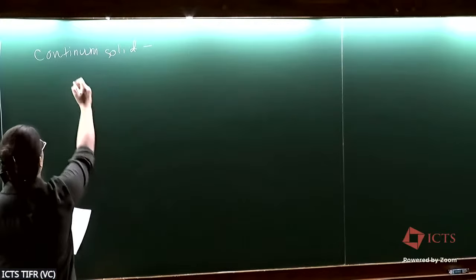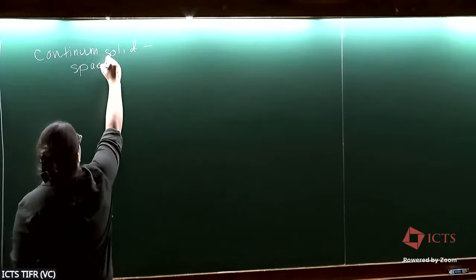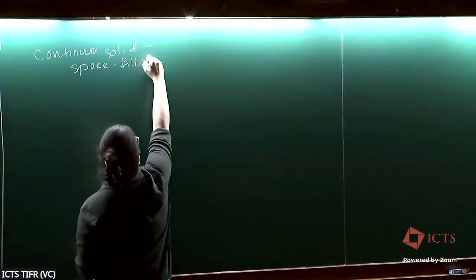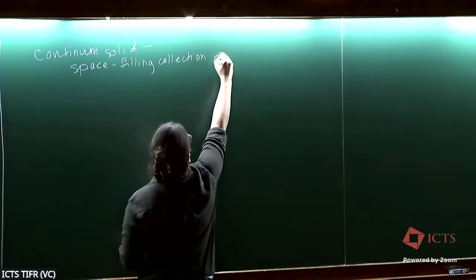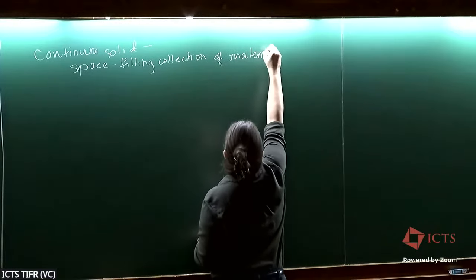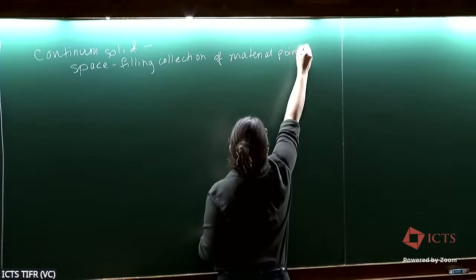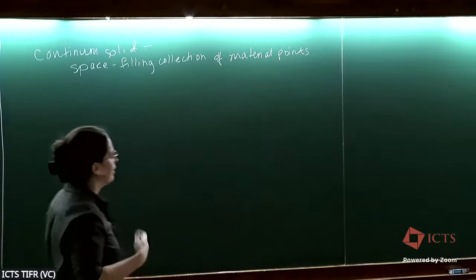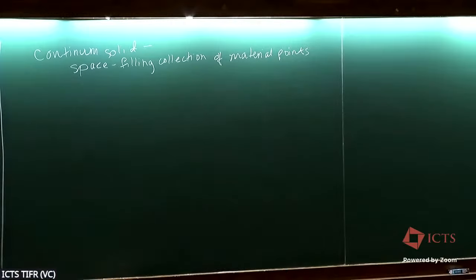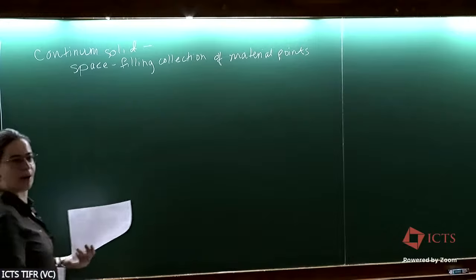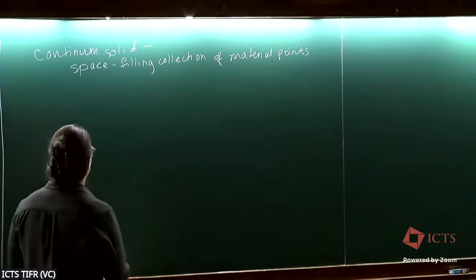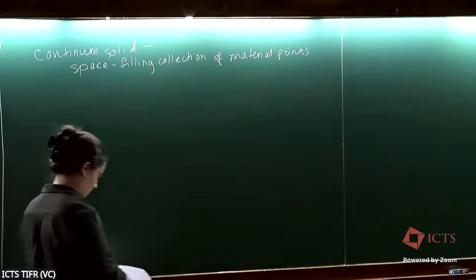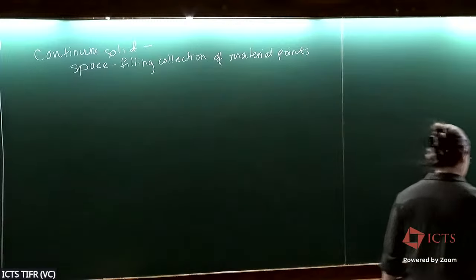And so we can say it's a space-filling collection of material points. Another way that this is often defined is that the smallest length scale relevant to the deformation itself is much larger than the microscopic length scale, the scale of an atom, something like this. And so we're concerned with the deformation of solid objects.